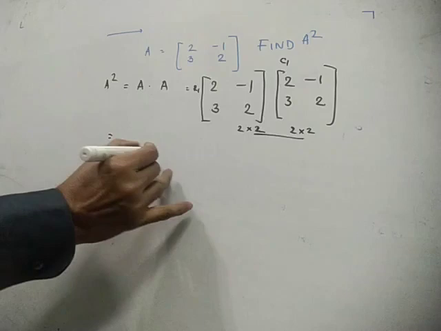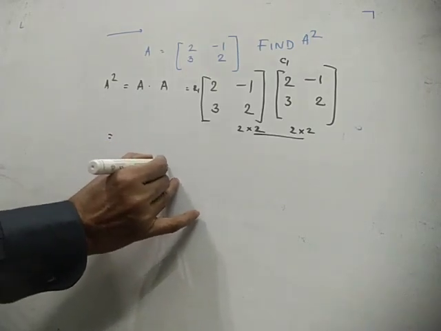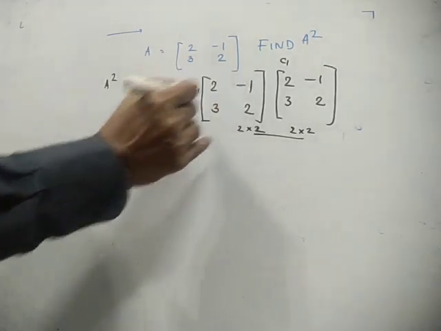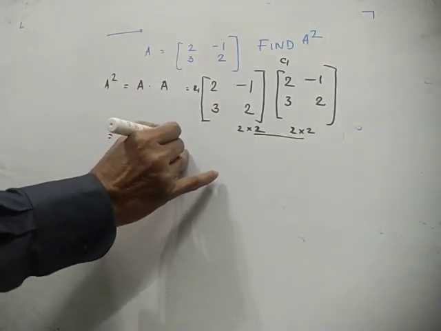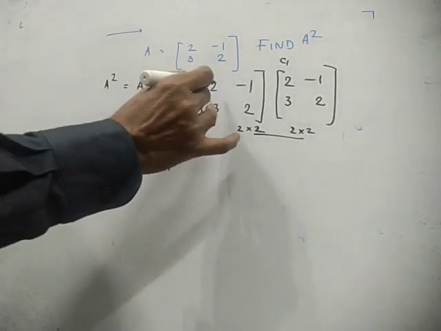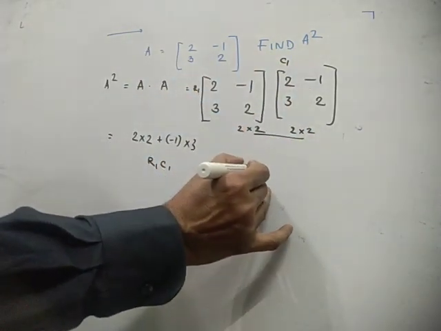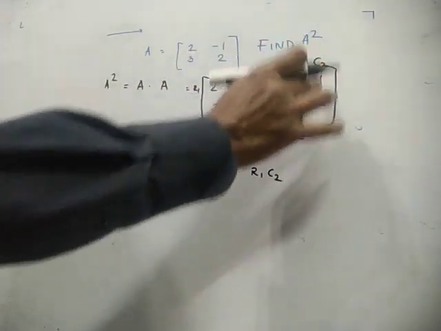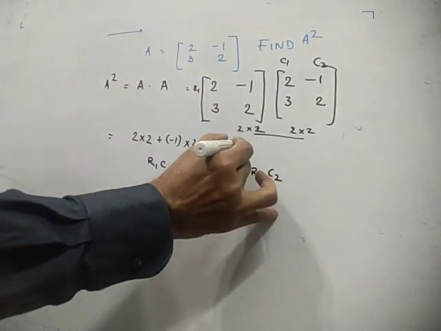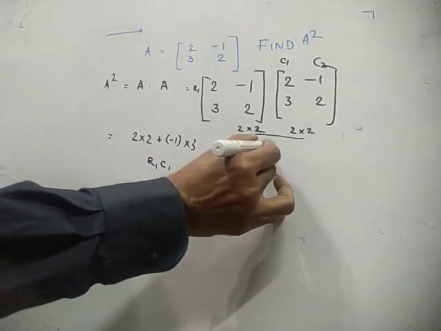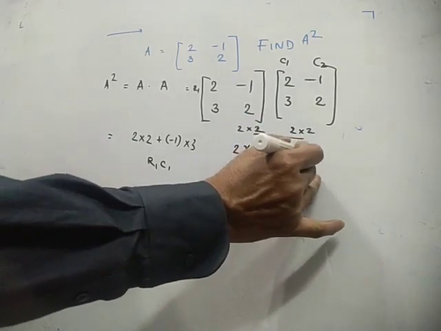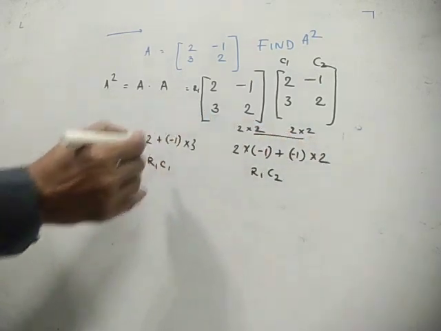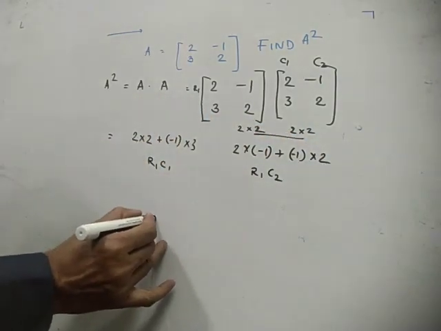Now if we multiply with R1 C1, first row and first column, 2 into 2 plus minus 1 into 3. Now first row, second column, 2 into minus 1 plus minus 1 into 2. In the product matrix also, for the first row second position, how will you get it? R1 from the first matrix, C2 from the second matrix.